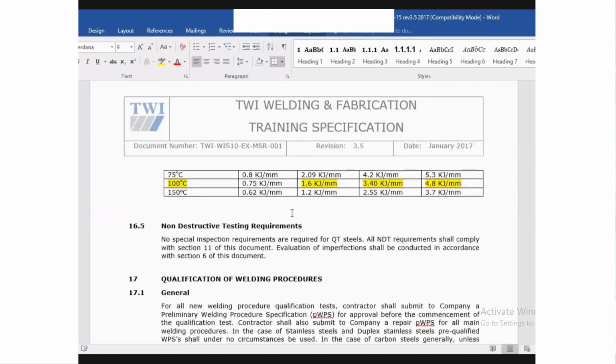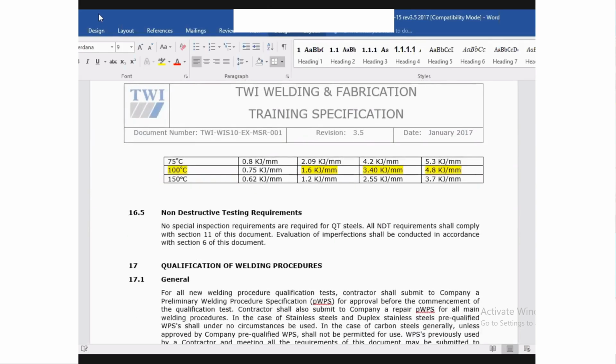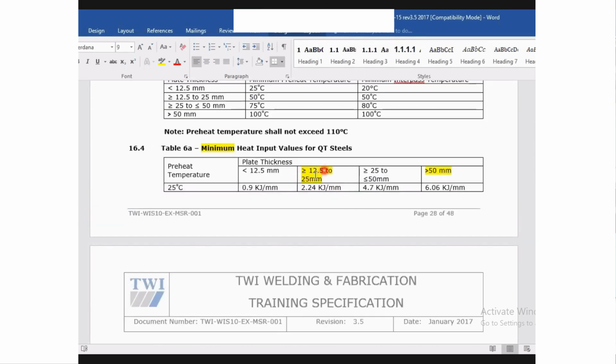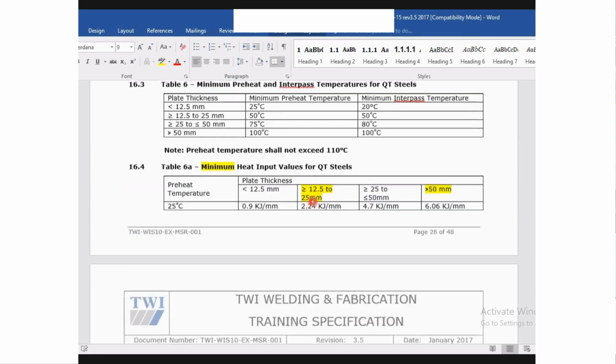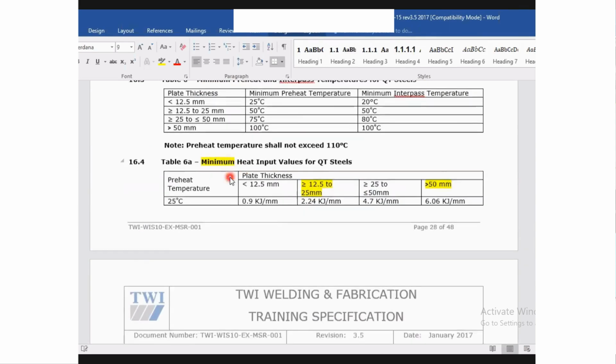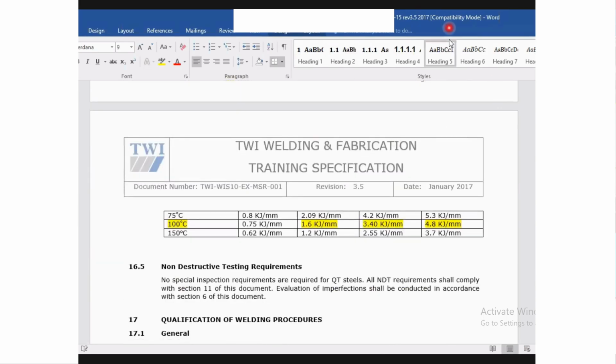From there, the preheat required is 100 degrees C, and the thickness between 12.5 to 25, then we can see that required heat input is 1.6. That's the minimum, all right?